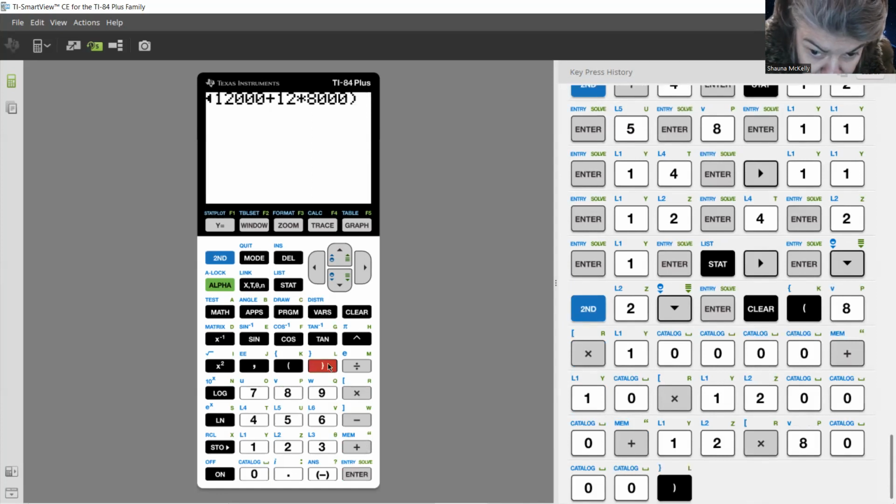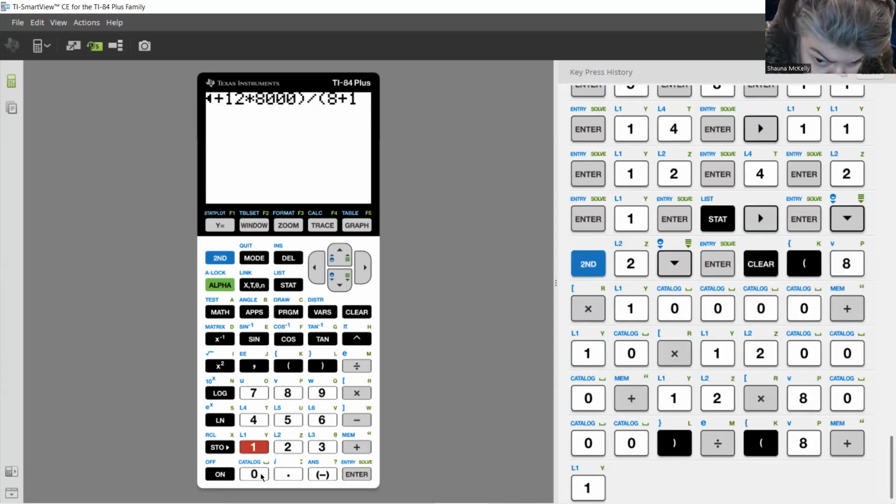That's the top. We're going to divide that. Notice that if you put this all in at once, you need parentheses around the top and the bottom. 8 plus 10 plus 12.